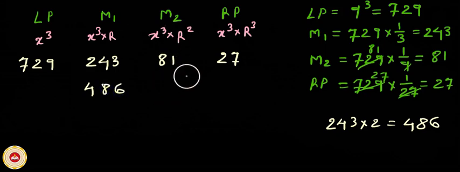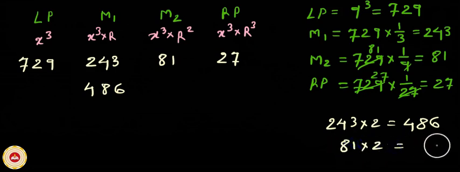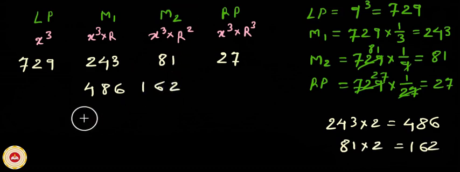Now multiply 81, middle part 2, by 2. 81 multiplied by 2 is 2 1s are 2, 2 8s are 16. Okay, that means 162. Write 162 below 81. Now we have completed 5 steps.